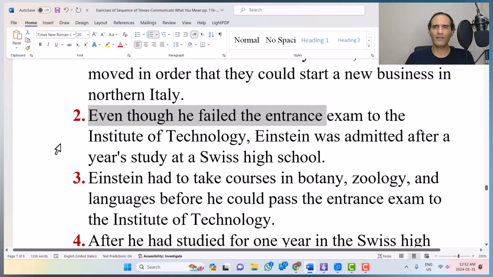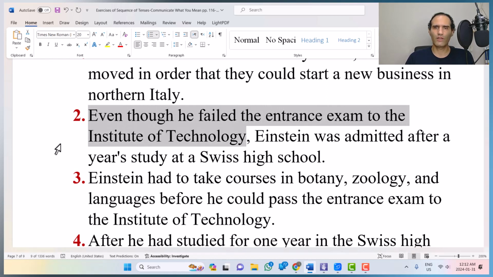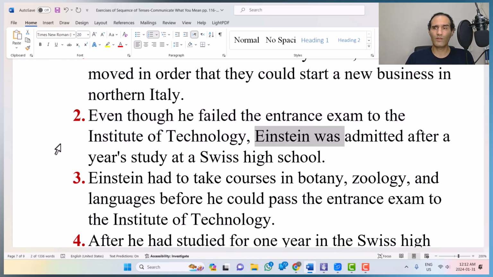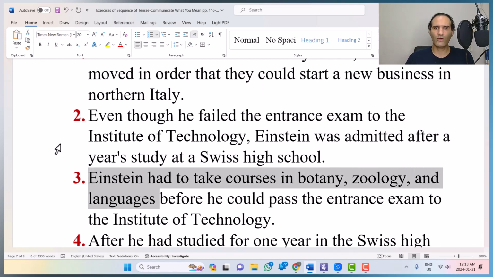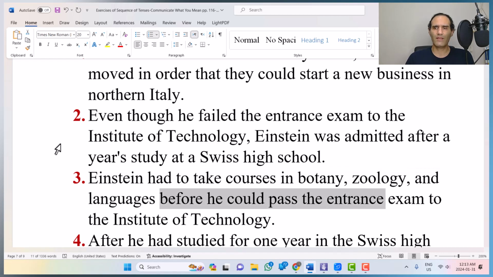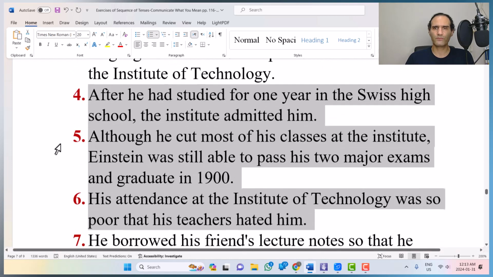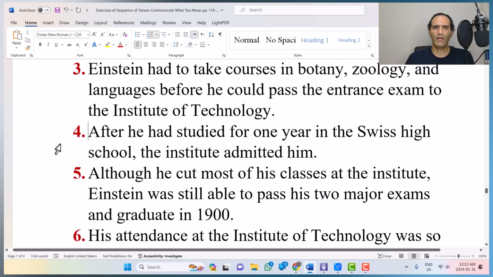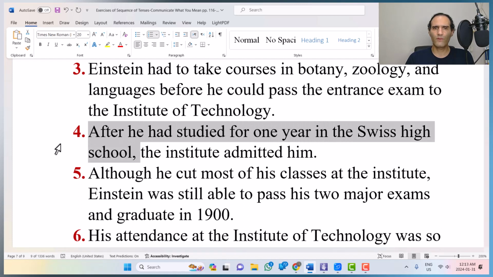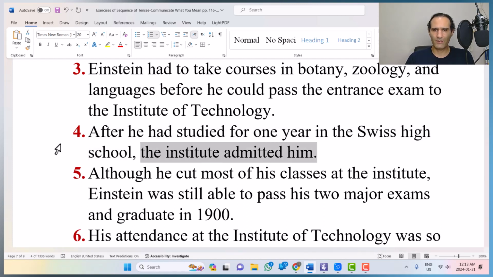Even though he failed the entrance exam to the Institute of Technology, Einstein was admitted after a year's study at a Swiss high school. Einstein had to take courses in botany, zoology, and languages before he could pass the entrance exam to the Institute of Technology.